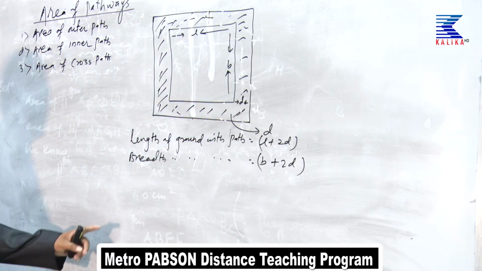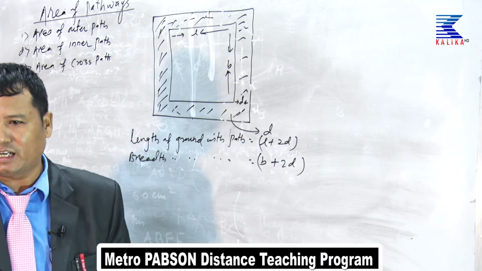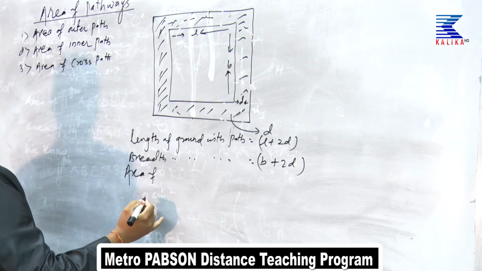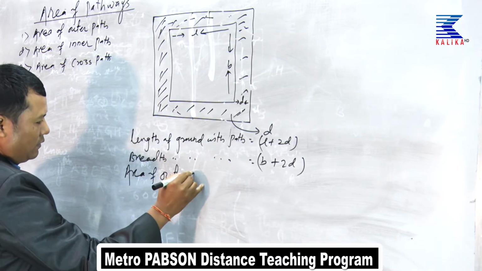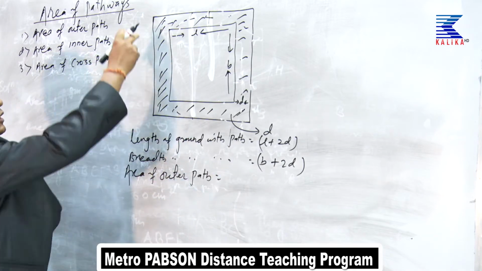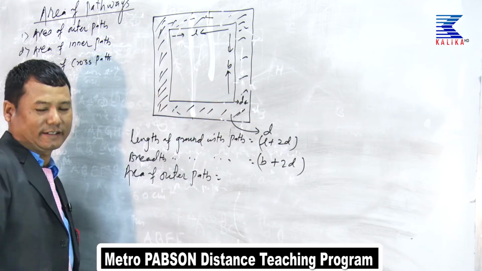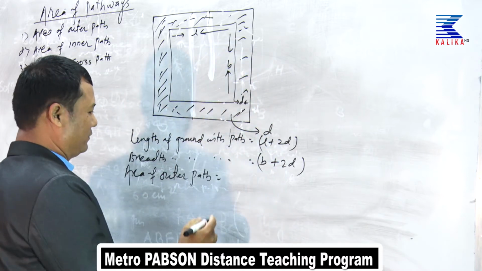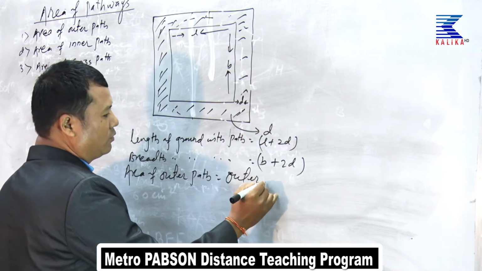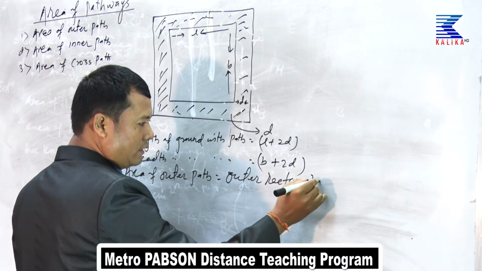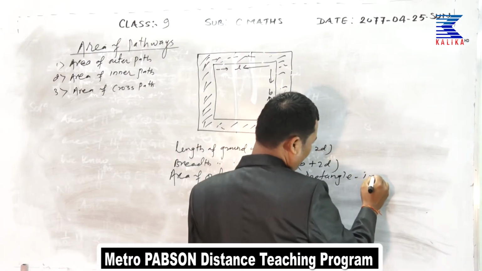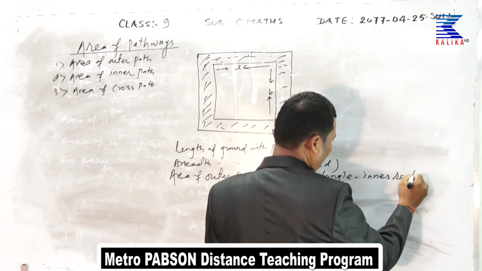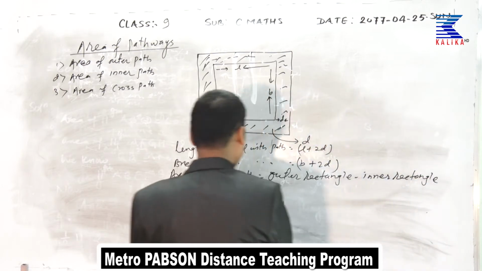If you find the area of the path, or outer path, it is big rectangle minus small rectangle, or outer rectangle minus inner rectangle.